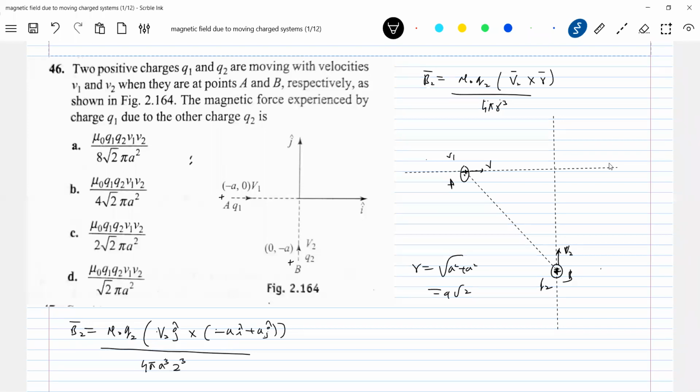times 2 to the power 3 by 2, or 2 root 2. So we'll take the cross product of this.